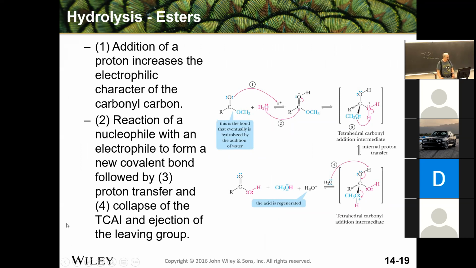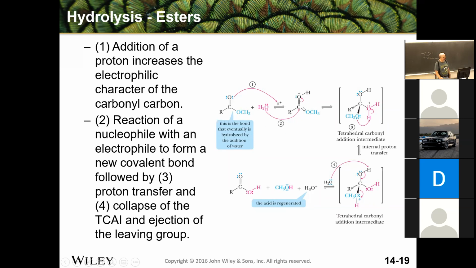If we add a proton, and what's often done in either hydrolysis or formation of esters is we'll use a little bit of something like sulfuric acid. For hydrolysis, it would be dilute sulfuric acid. So that increases the electrophilic character of the carbon atom. If we protonate this oxygen, we have another resonance form in which the carbon would have the plus charge.